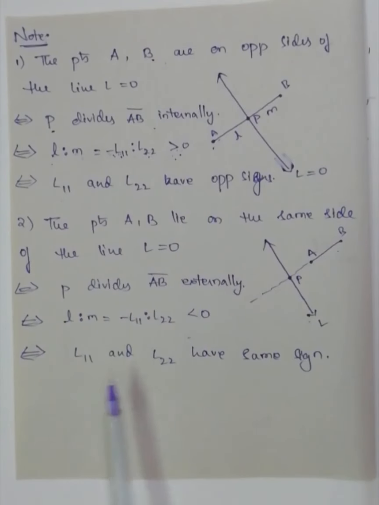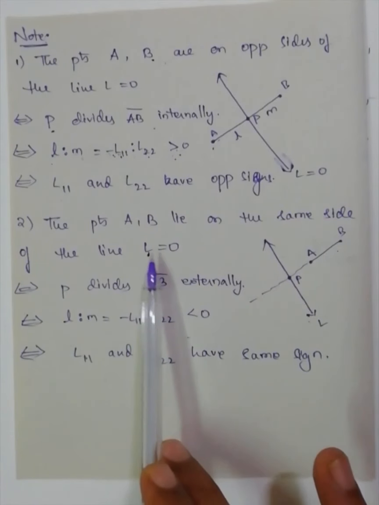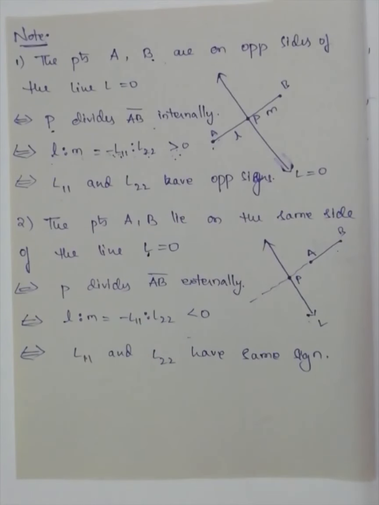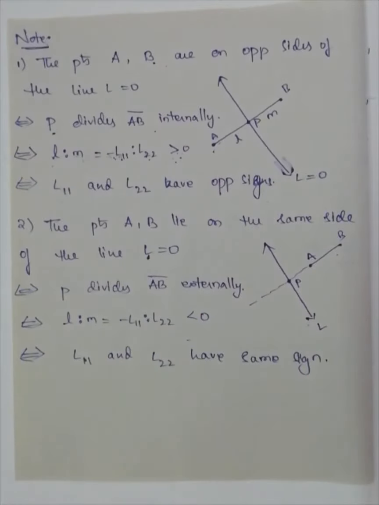What is L11? I am substituting the points of A in x comma y place. We will get L11, and that value I am substituting the B in L. We will get L22. If both have the same sign, then externally. If both have opposite signs, therefore it is internal, means both the points are on opposite sides.